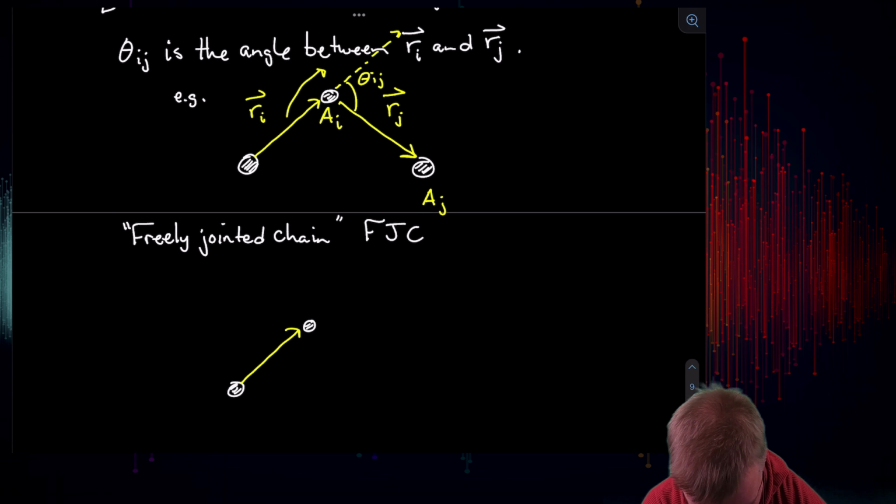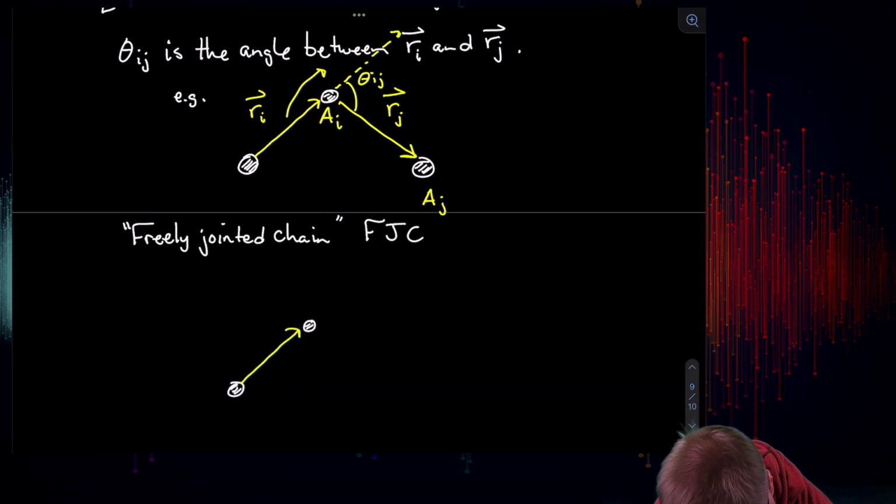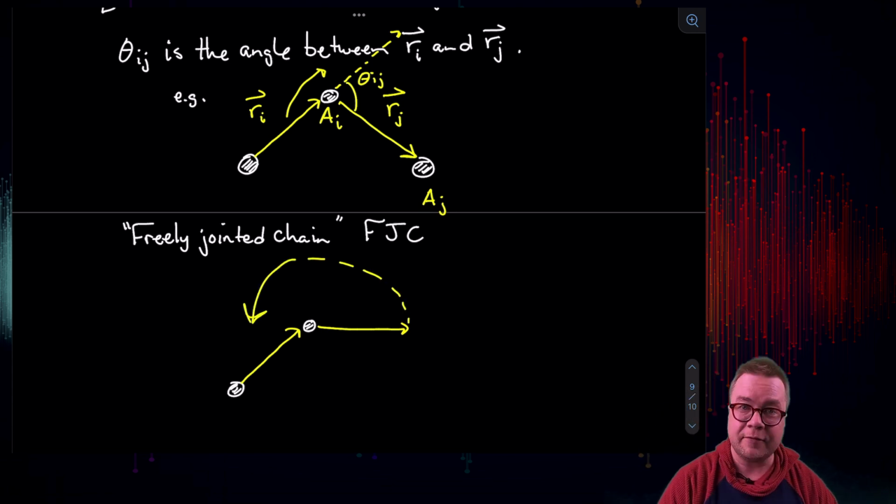Then the third monomer that I'm showing over here, that monomer could be anywhere. And so when I'm looking at coming up with a position for that monomer, it could be anywhere along this kind of path like this.